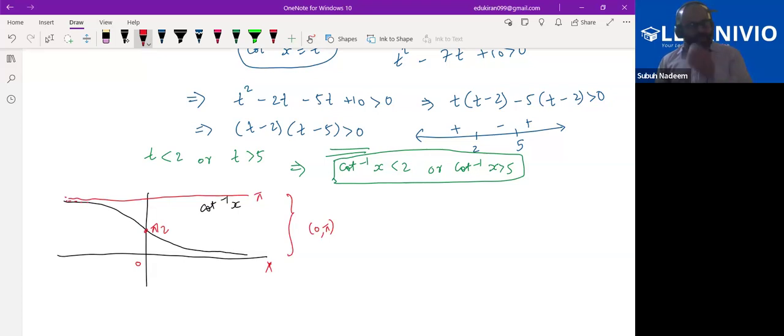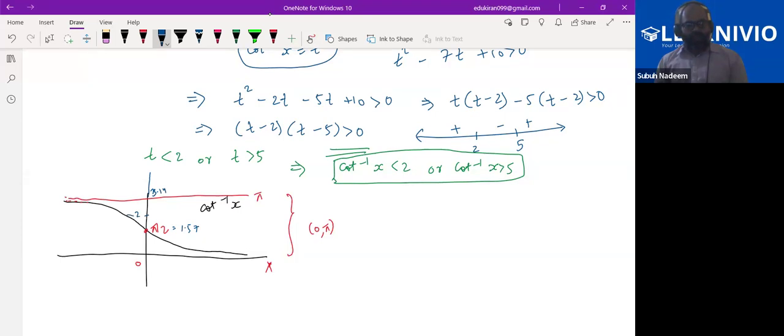Now, it is said that cot inverse x is less than 2. Pi by 2 is approximately 1.57, that is 3.14 by 2, and pi is approximately 3.14. So 2 will be a value somewhere here. So this is 2.